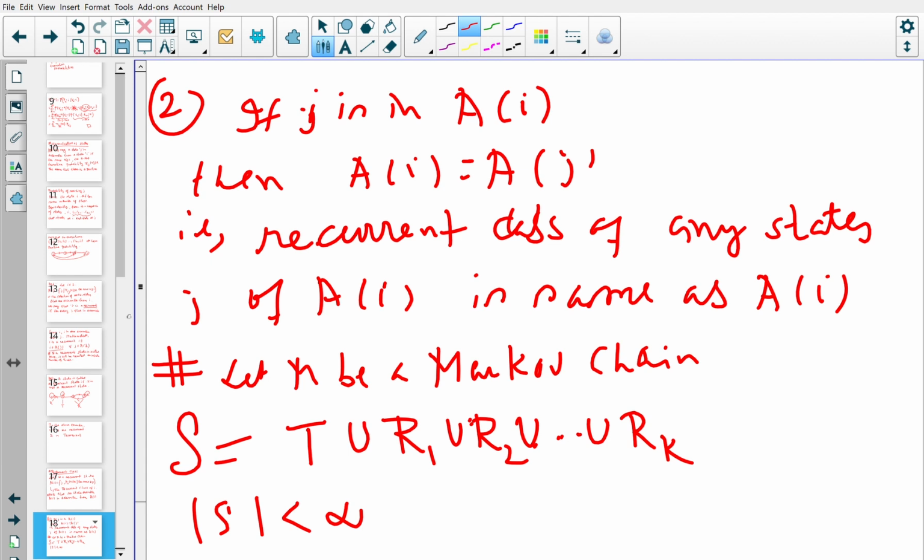And this is called the decomposition, or classification, of states.